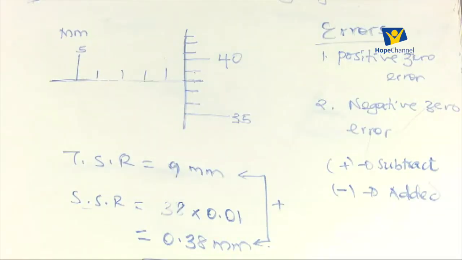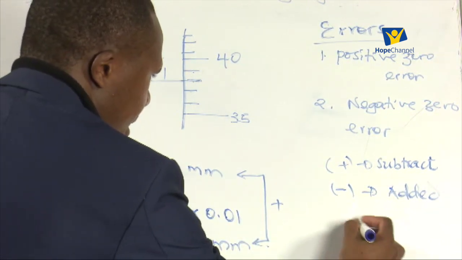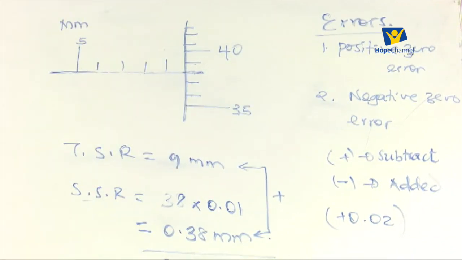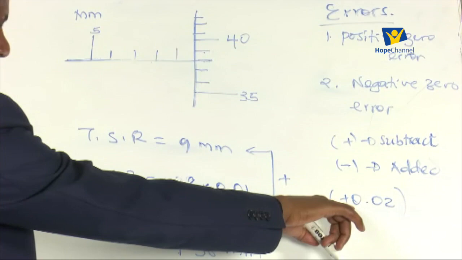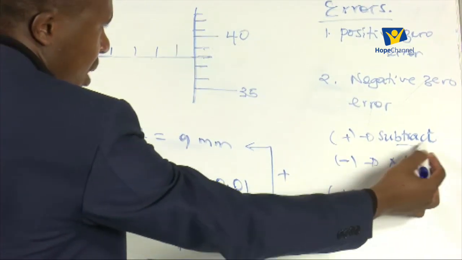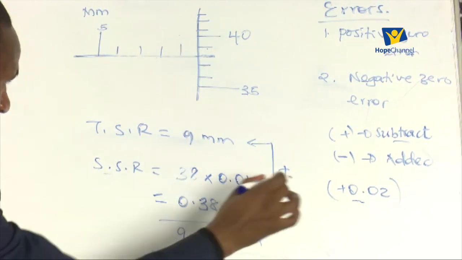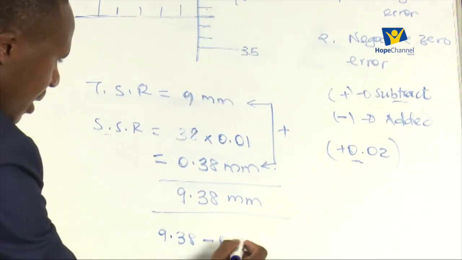For instance, if this micrometer, whose reading we have obtained here, is known to have a positive error, say a positive error of 0.02, then for the final reading, this 9.38 we subtract, because positive errors are subtracted. We take the reading, then we do a subtraction. So the correct answer, if it was having that error, will be 9.38 minus 0.02.